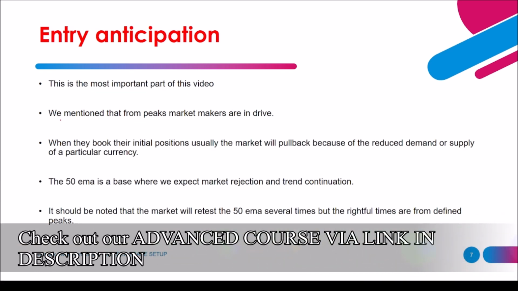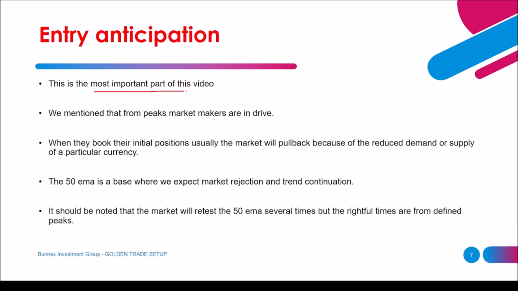Then entry anticipation. This is the most important part of this video. We mentioned that from peaks, market makers are in drive. They have open contracts when we are coming from peaks. So when they book their initial positions or contracts, usually the market will pull back because of the reduced demand or supply of a particular currency.